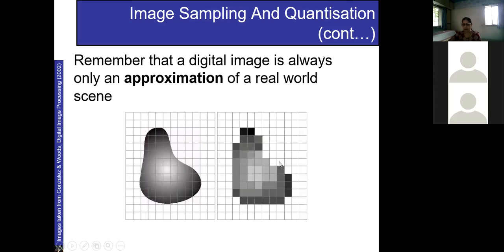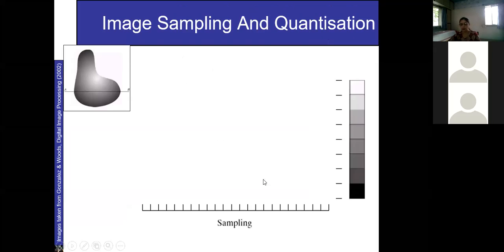But if you look at this quantized picture, there are only 8 gray shades. As you move from center to outer border, the number of gray shades is reduced because of quantization. So here we are considering only 8 gray shades as shown here.